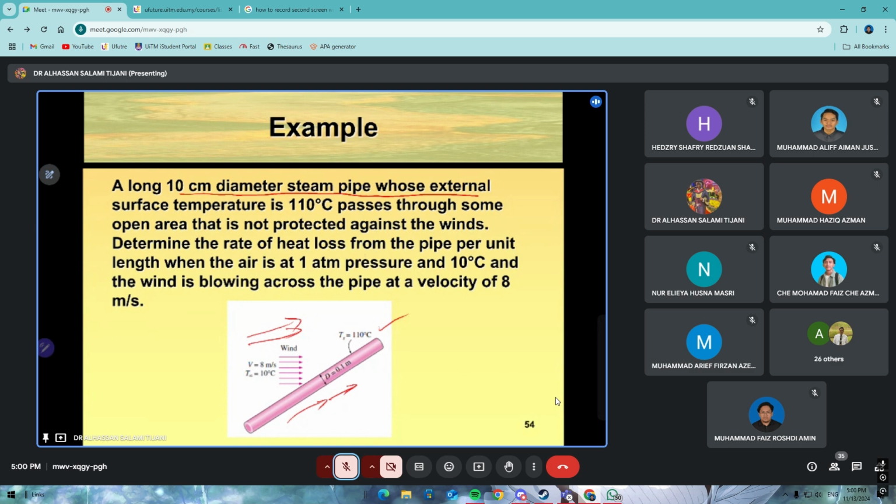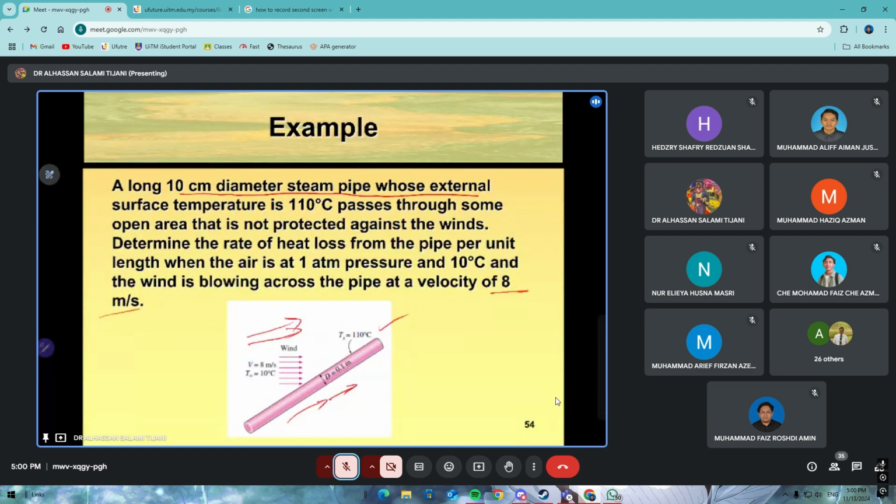Determine the rate of heat loss from the pipe per unit length when the air is at 1 atmospheric pressure and 10 degrees Celsius, and the wind is blowing across the pipe at a velocity of 8 meters per second.